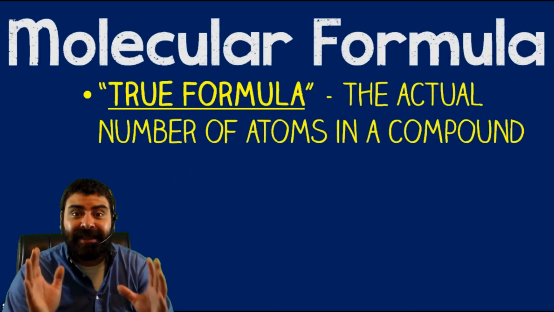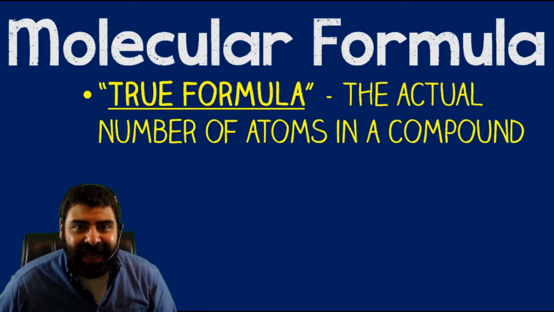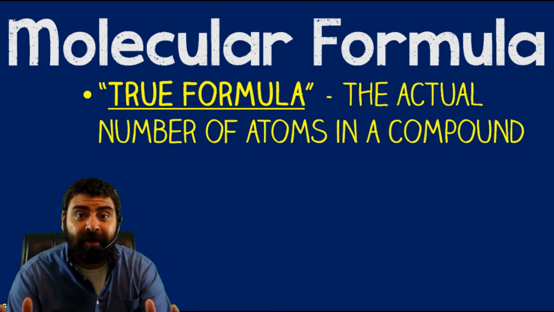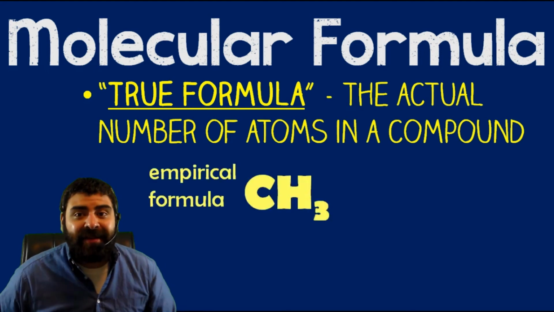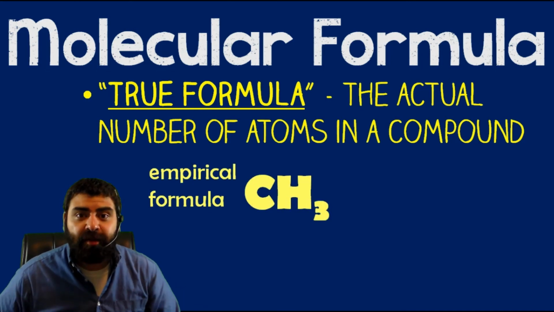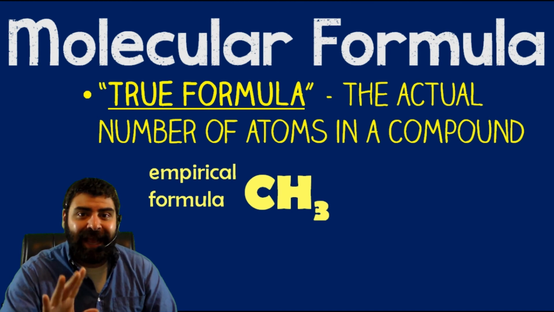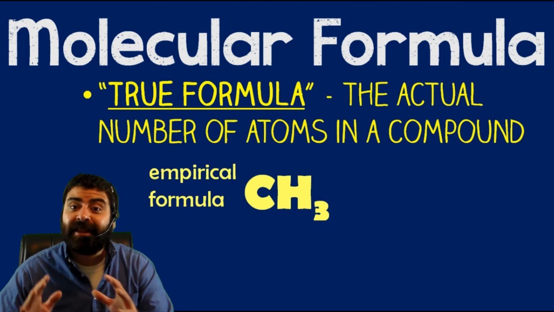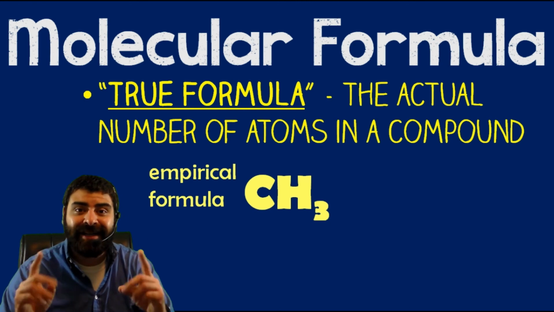Now looking at molecular formula, we see that it's defined as the true formula. It's the actual number of atoms in a compound. We have an empirical formula of CH3. Doesn't mean it's made up of only one carbon and 3 hydrogens, just that the smallest ratio of carbon to hydrogen is 1 to 3.